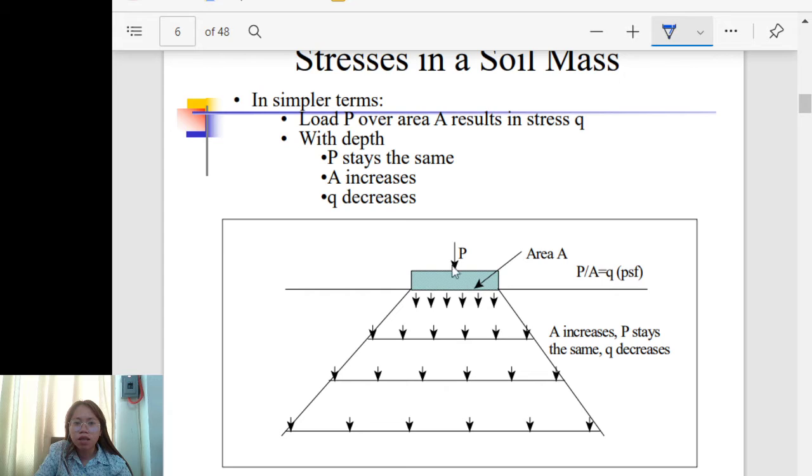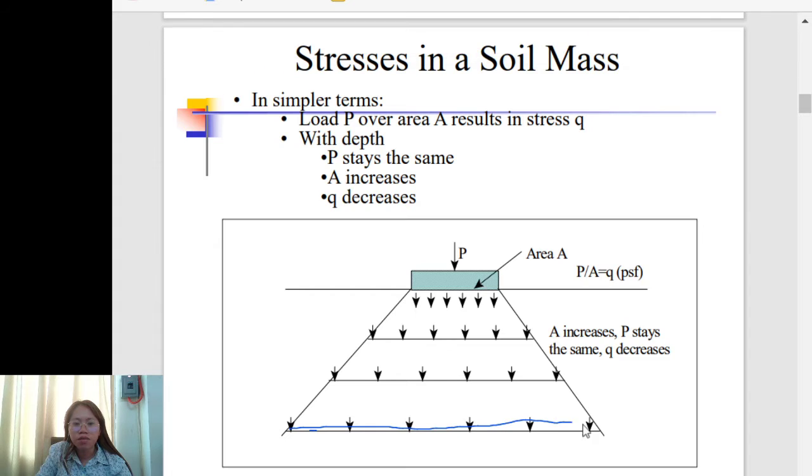If this is the footing, you have here the load P. Of course, the stress is P over A. So as A increases, P stays the same, q decreases. So this will be your considered area at distance z, measured from the footing to here.